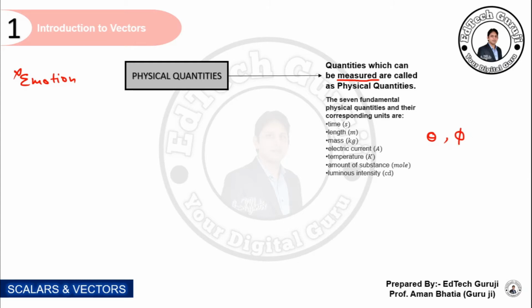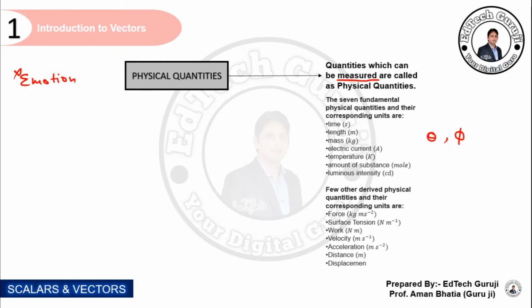Now, rest of all the quantities which we will study in physics, let us say there are 200 to 250 odd physical quantities, except these 7 and 2 supplementary, rest all the quantities are called derived physical quantities. For example, the derived physical quantities are force, surface tension, work, velocity, acceleration, distance, displacement, speed, and many more.